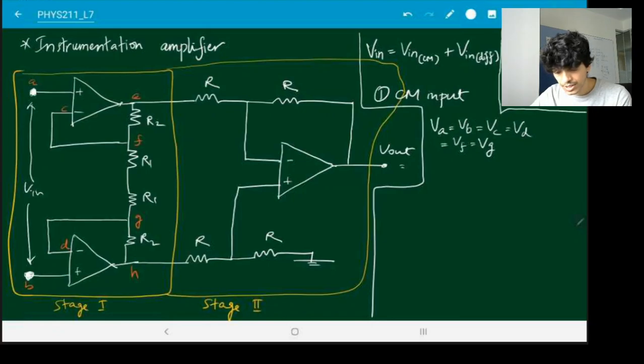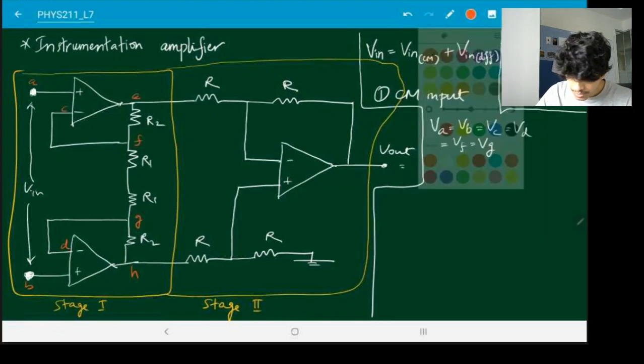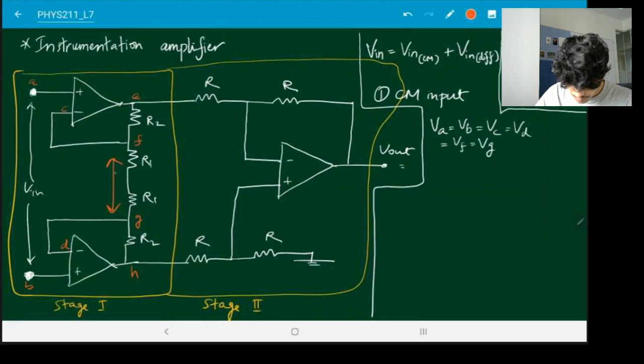Now if the potential at F and G is the same, then there is no current flowing between F and G, neither upwards nor downwards. Also, we know that input bias current of an op-amp is 0, so there is no current entering or leaving the op-amp's internal terminals. So there is no current here and there is no current here.